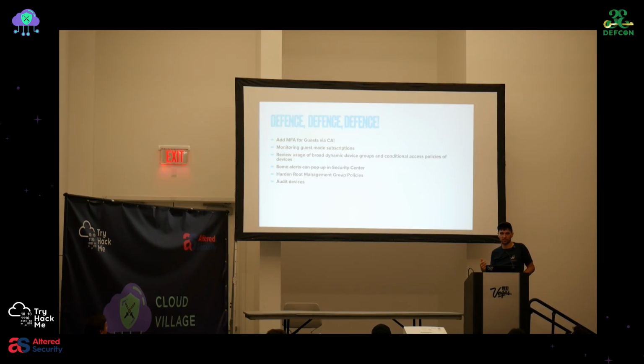So you can, for instance, have any device that starts with Madrid or Vancouver. That's typically aiding conditional access policies targeting different office locations, and sometimes just the act of having that will influence a conditional access policy, and as an attacker we control the name of these things. Hardened root management group policies, and then also audit devices.